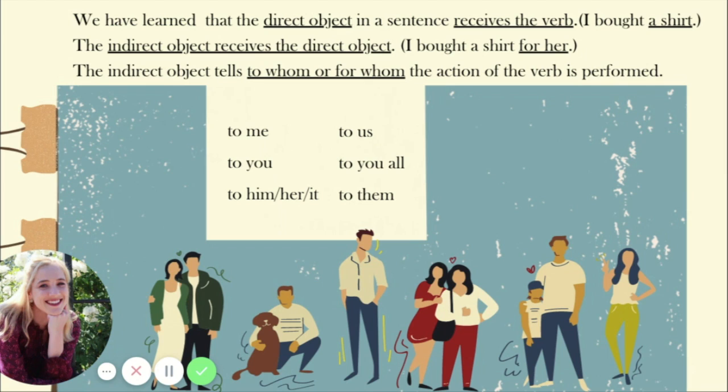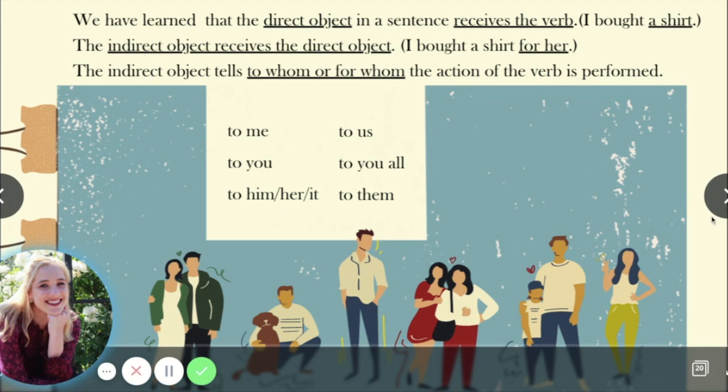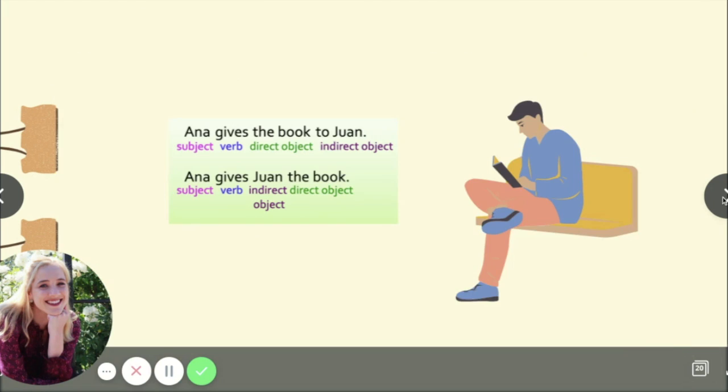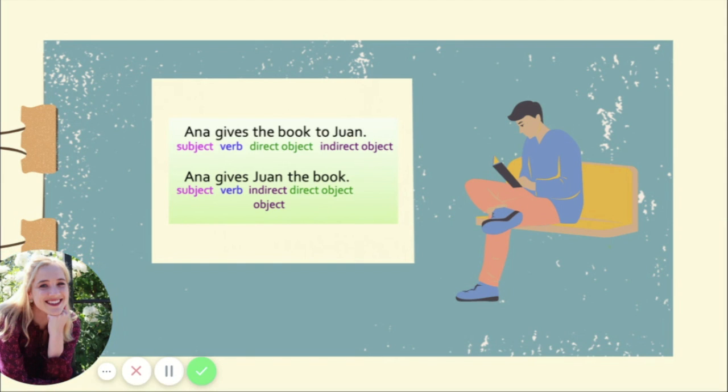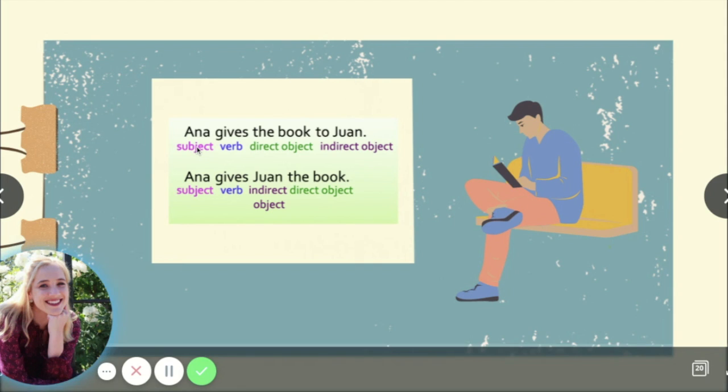So again, whereas the direct object usually answers the question of what, the indirect object answers to who or for who. Okay, so in this example, Anna gives the book to Juan. We have our subject, Anna.